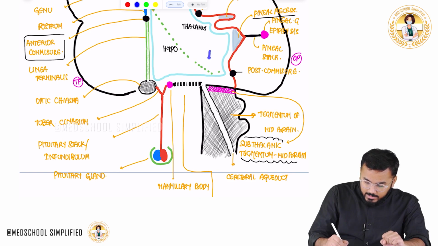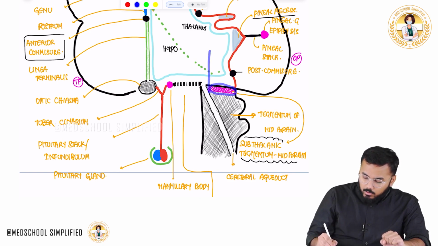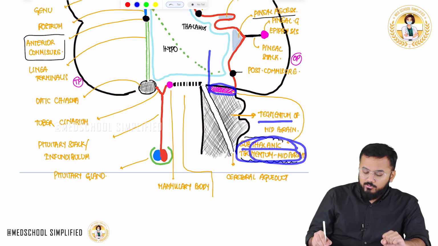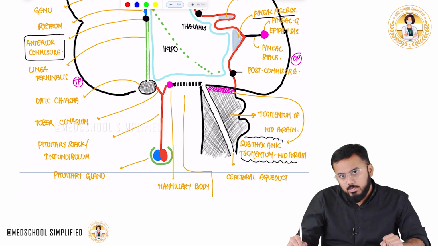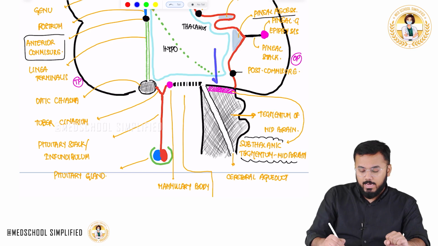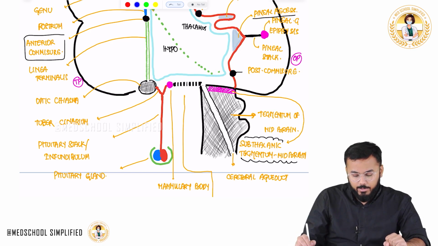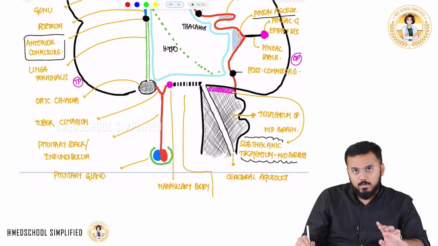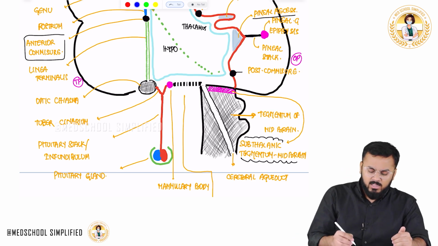Now, if I exactly divide this line like this, what is this part called? The subthalamic tegmentum of the midbrain. Will this subthalamic tegmentum of the midbrain come under the anterior part or the posterior part? Obviously, it is exactly vertical in the posterior part, not in the anterior part. So what are the structures present only in the anterior part of the floor of the third ventricle?